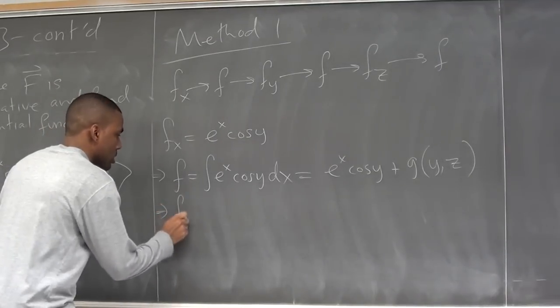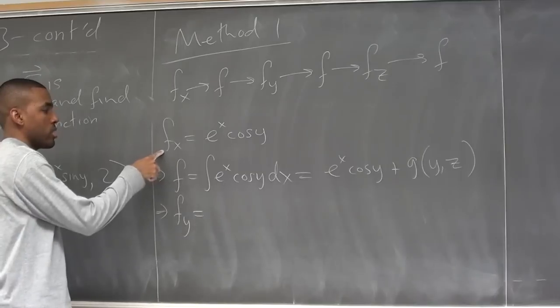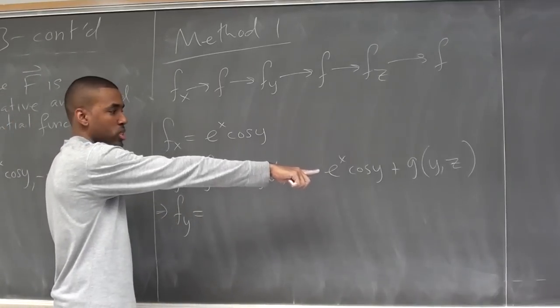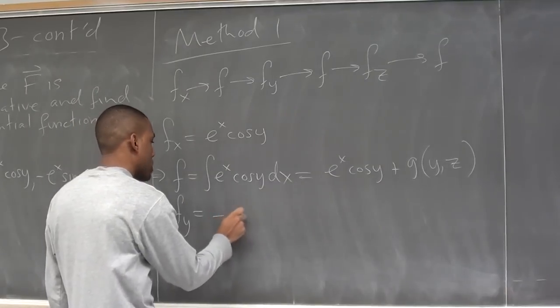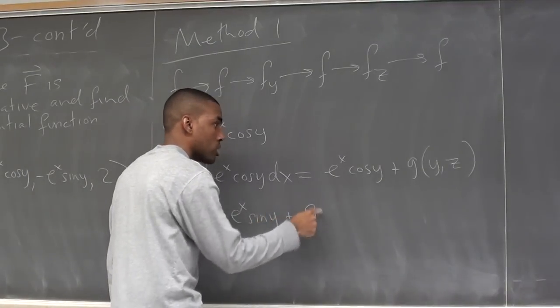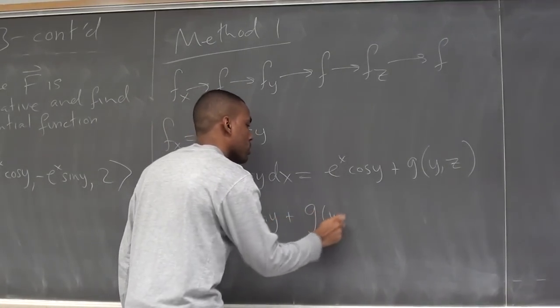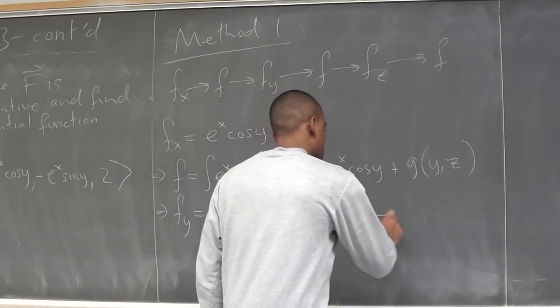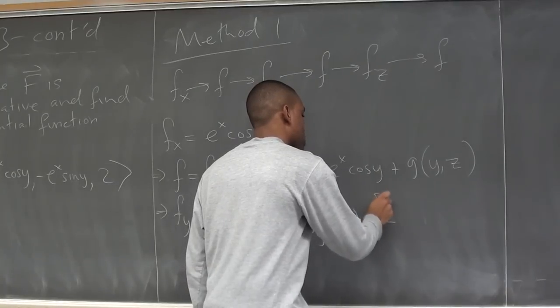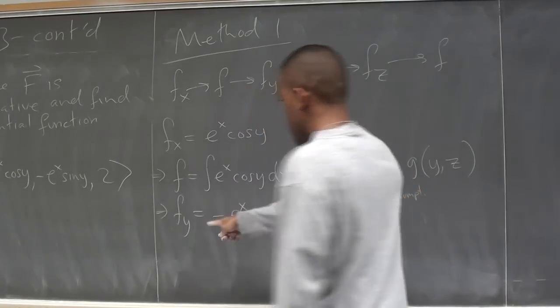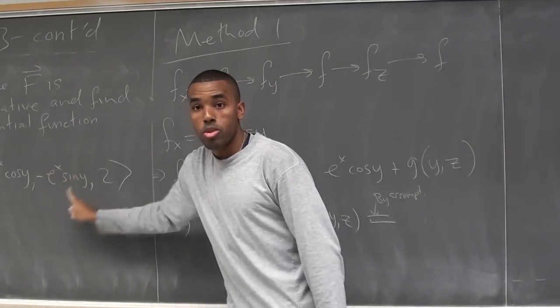This means, all right, so now I start with f_x, I went to f, now I'm going to f_y, which means I'm going to differentiate this with respect to y. So this means I would get minus e to the x sine y plus the partial of this guy with respect to y, right? Because I'm differentiating with respect to y. Now by assumption f_y should be equal to this term over here.